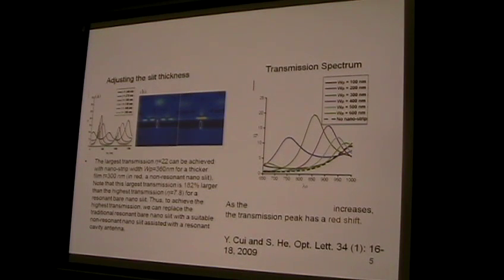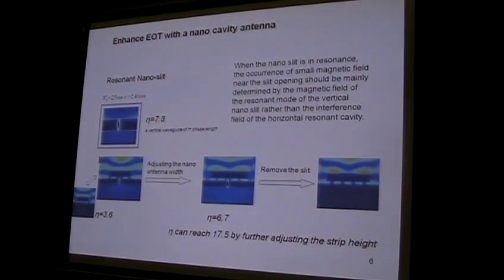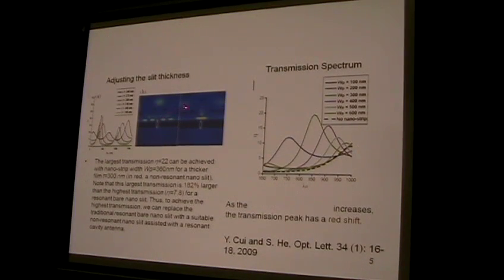And we can also adjust the slit thickness, this thin film thickness, to improve it further. This is the slit case. And then we can even further improve the transmission.